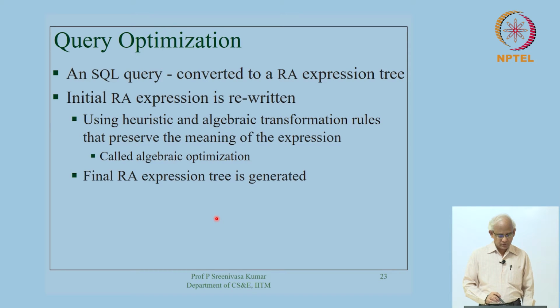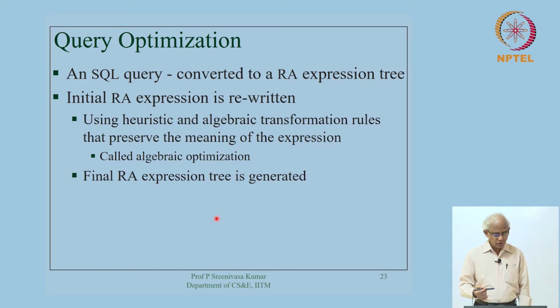query execution. So, we know that an SQL query, when it is specified, needs to be converted into a relational algebraic expression tree, and then we have been discussing various algorithms for executing these relational algebra operators. So, we need to choose those operators and then execute the query actually.